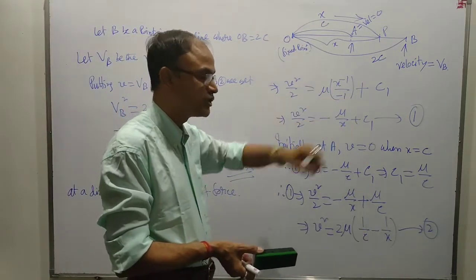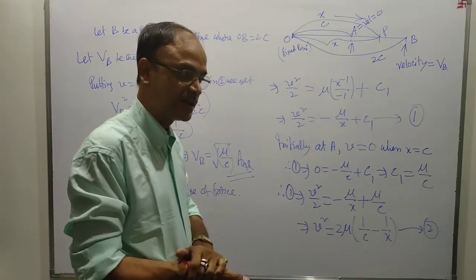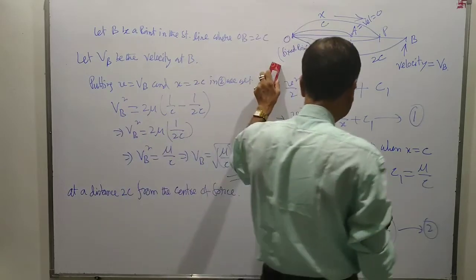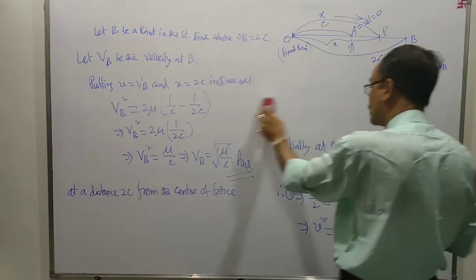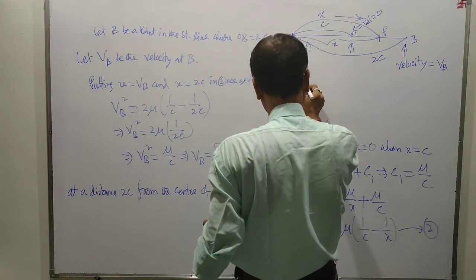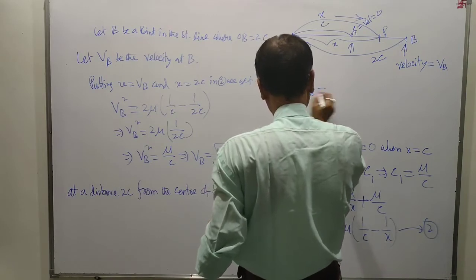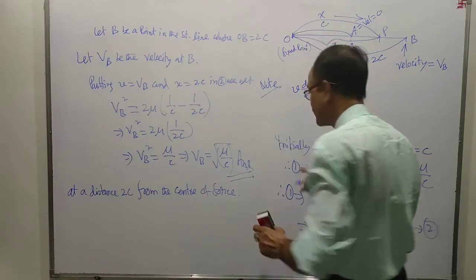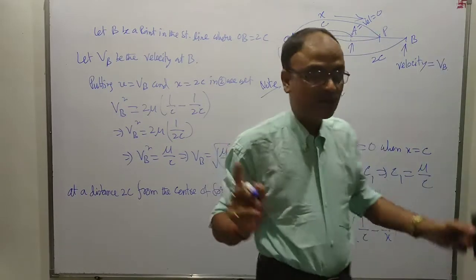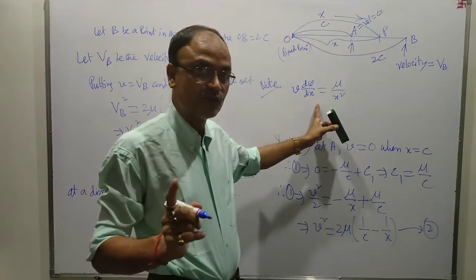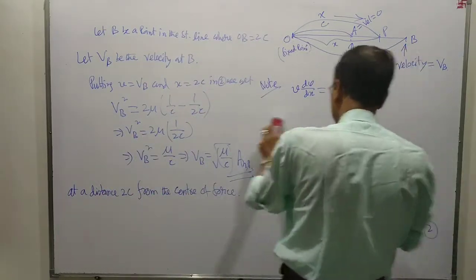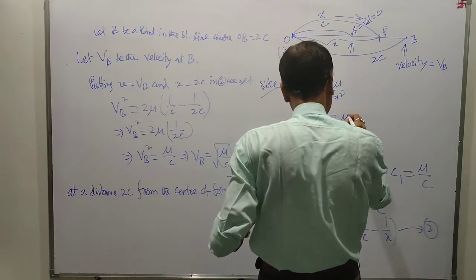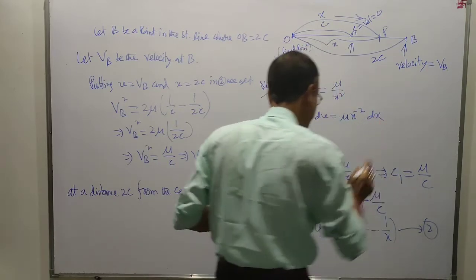Before calculating the constant of integration, we got the relation v dv by dx equal to mu by x square. We got this expression. Now, this means v dv equal to mu x to the power minus 2 dx.